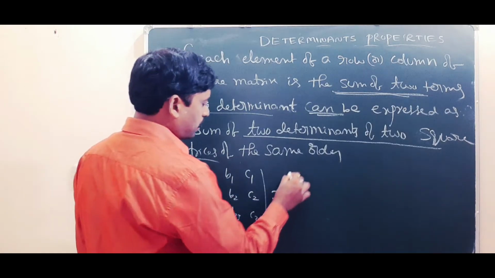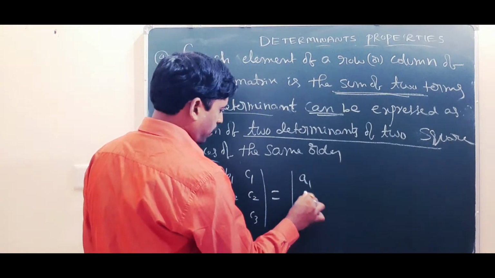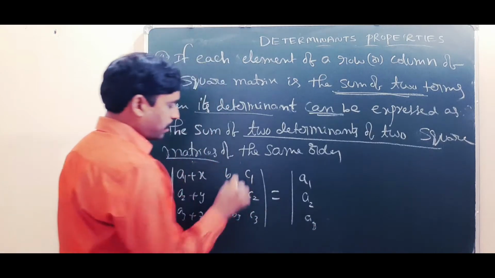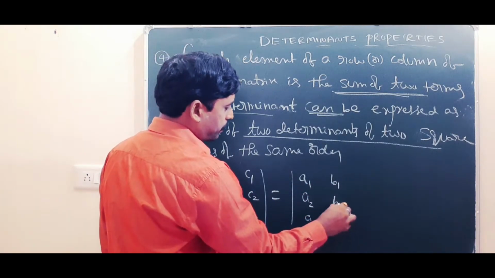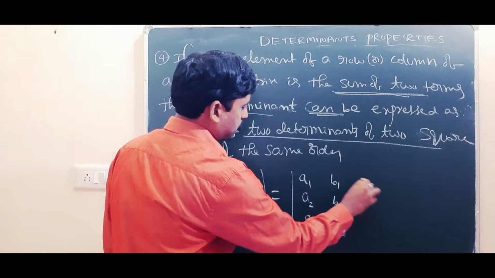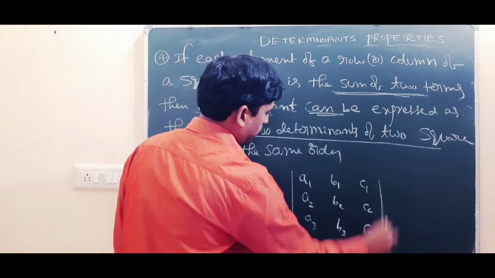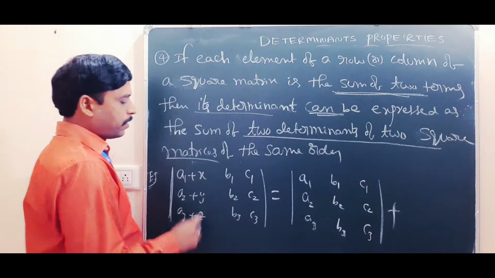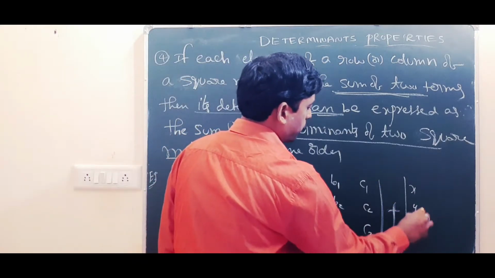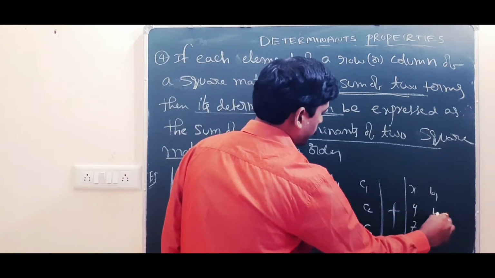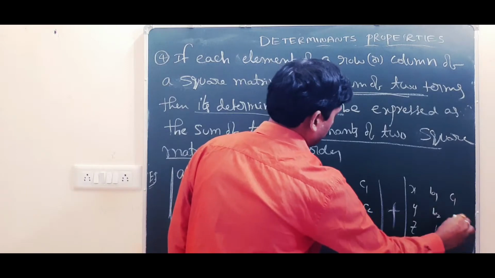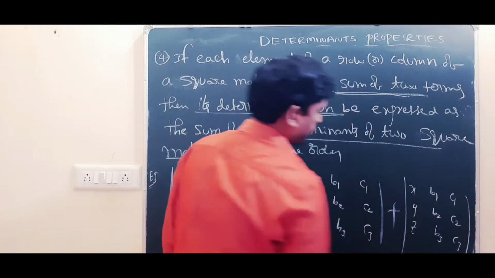It can be written as A1, A2, A3 and B1, B2, B3, C1, C2, C3, plus X, Y, Z, B1, B2, B3, C1, C2, C3.